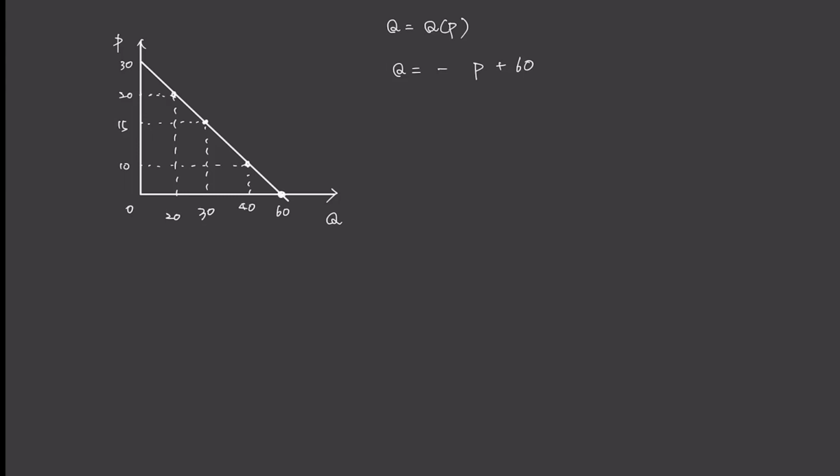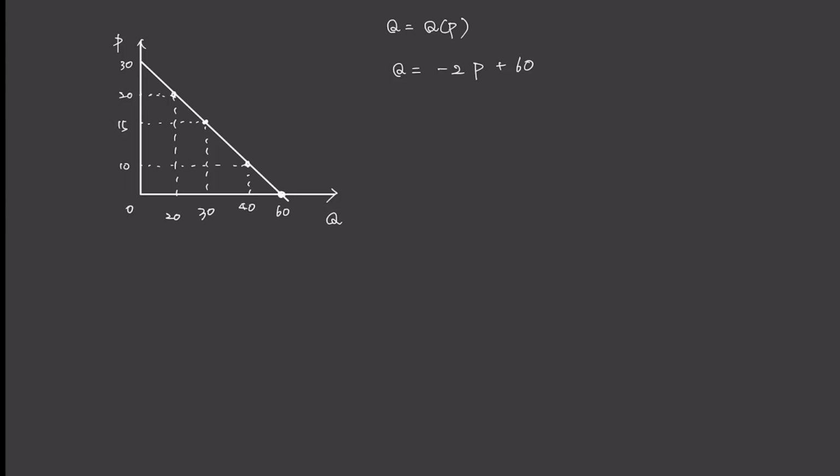But as I told you, we need to be careful about the slope. In the graph shown right here, P is the vertical axis. So even though you're looking at negative 20 in the functional form, we actually look at this as a 2. Can you see that? Why is that? Because we need to rearrange this.